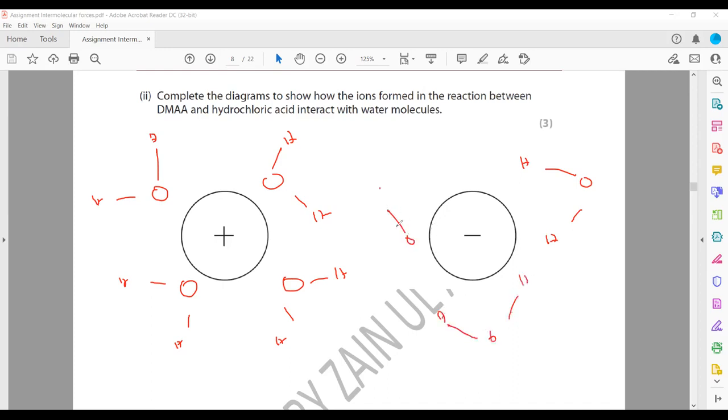You have to show the charge on them. This will be partial positive, not full positive, partial. This will be partial positive hydrogen, oxygen partial negative, partial positive. And in the same way, oxygen is partial negative, hydrogen partial positive.